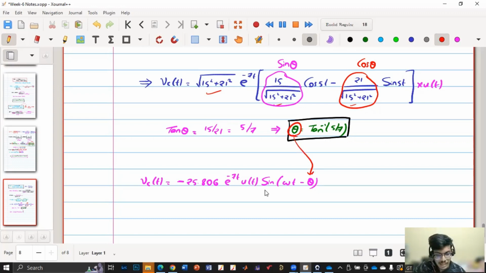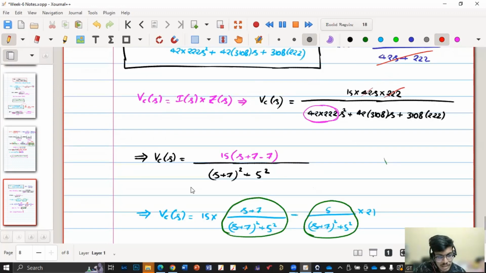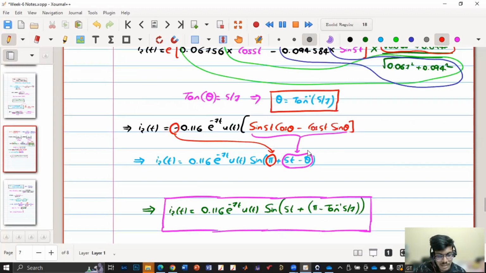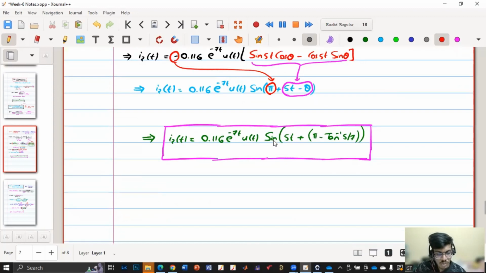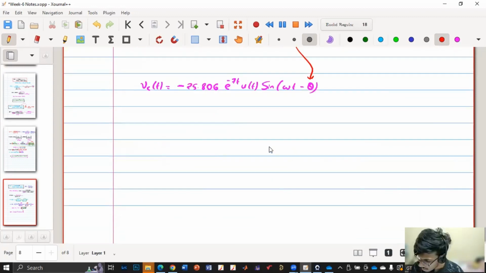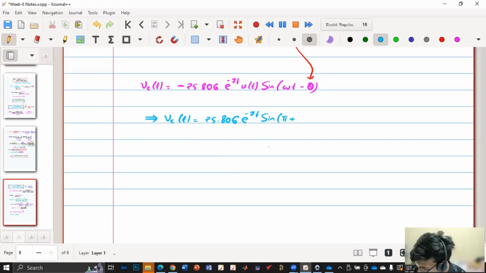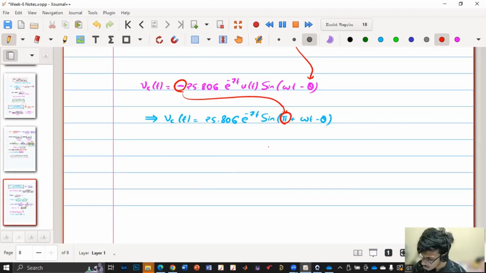Now I can write the same thing. Considering this minus, I can write pi plus this sine term, right? So now our Vc of t can be written as 25.806 e to the power minus 70t sine of pi plus omega t minus theta, because this minus is written as this sine of pi plus theta, into u of t.